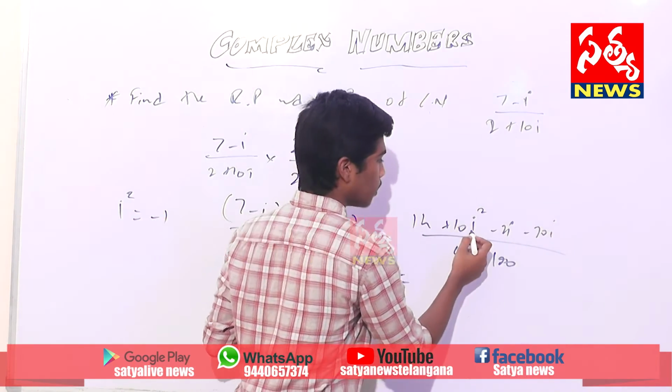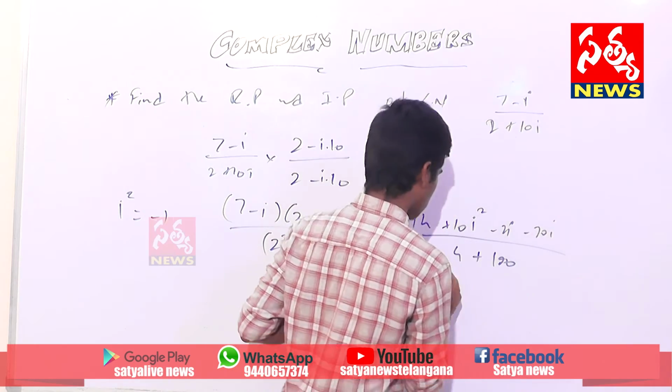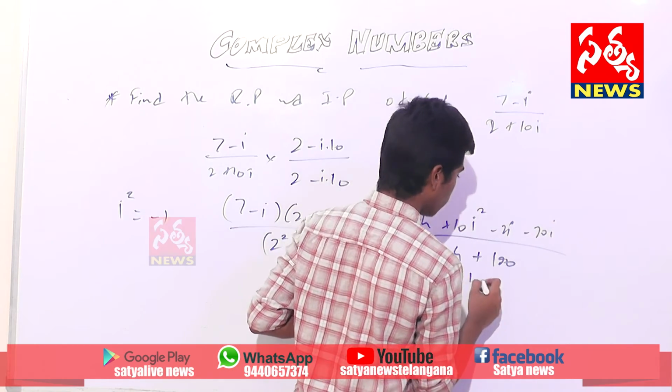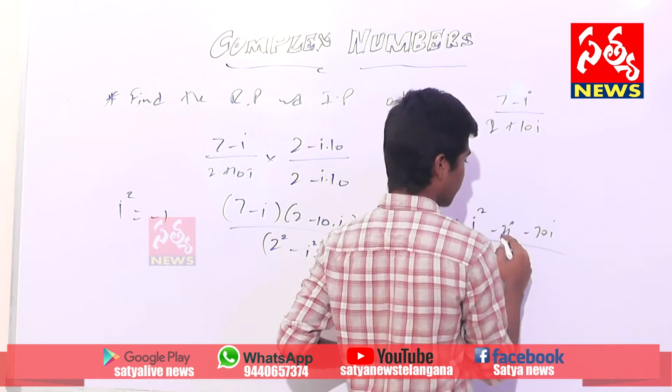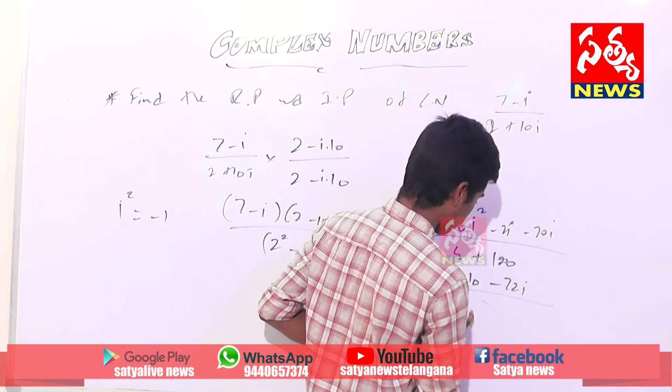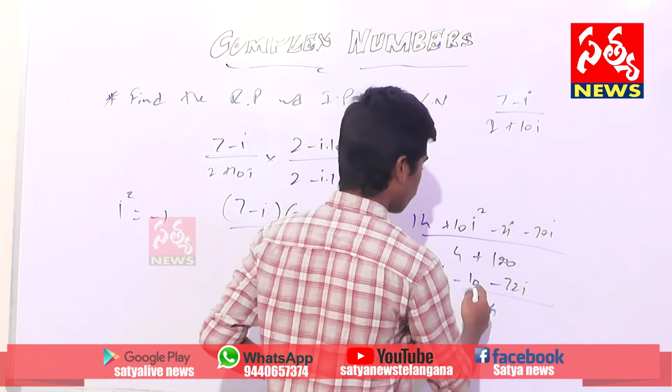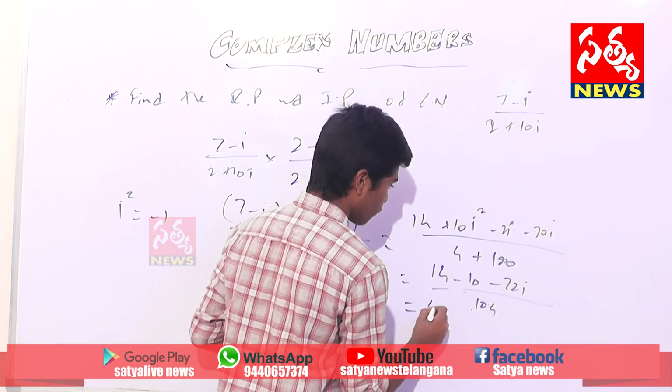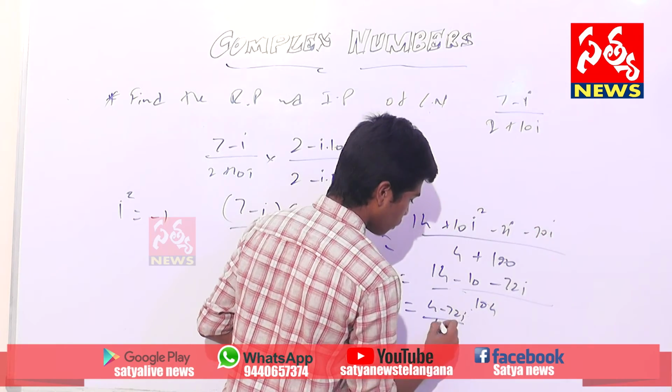Similarly here i square is minus 1, so 14 minus 10 is 4, minus 72i, by 4 plus 100, which is 104.